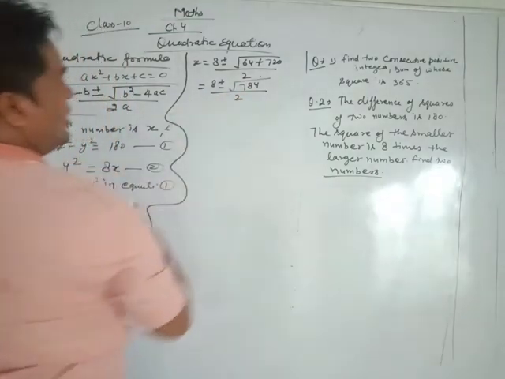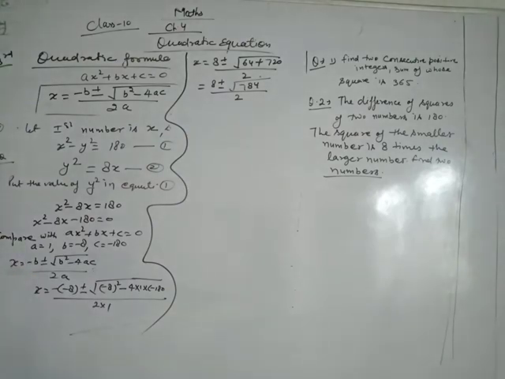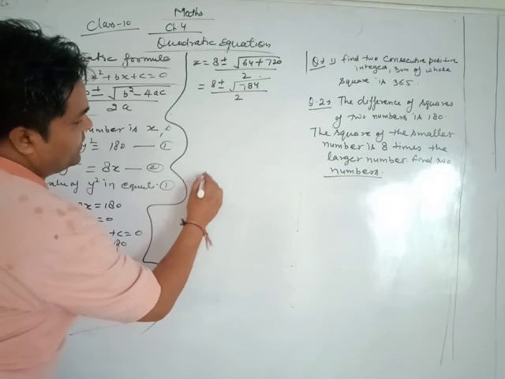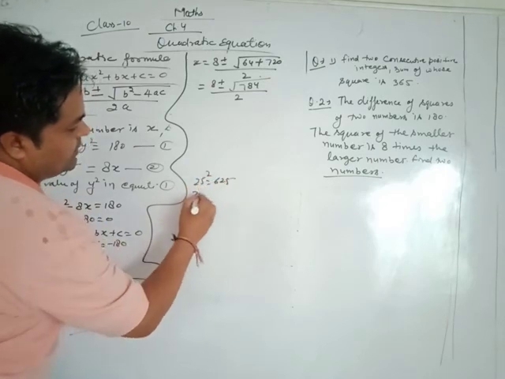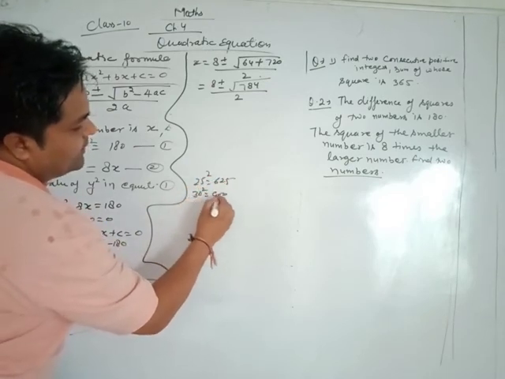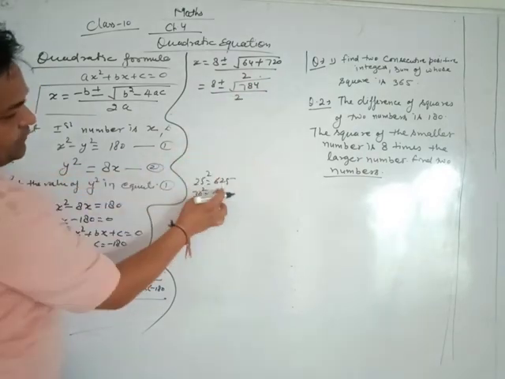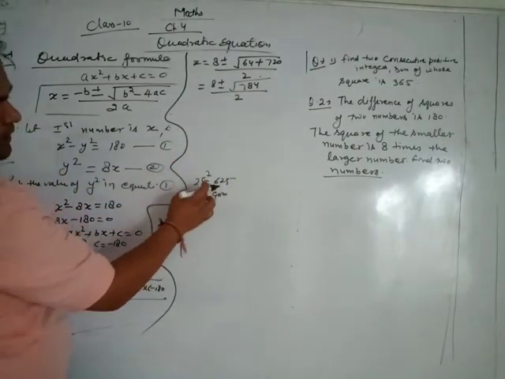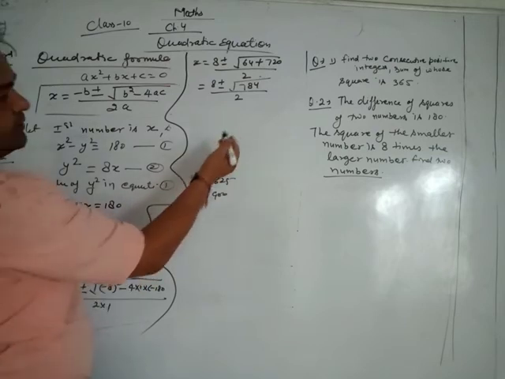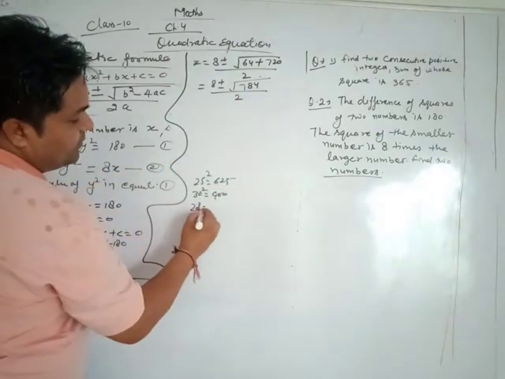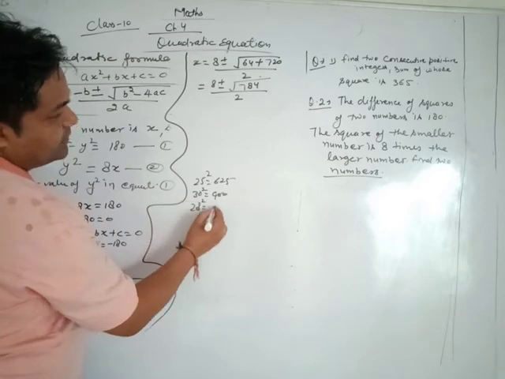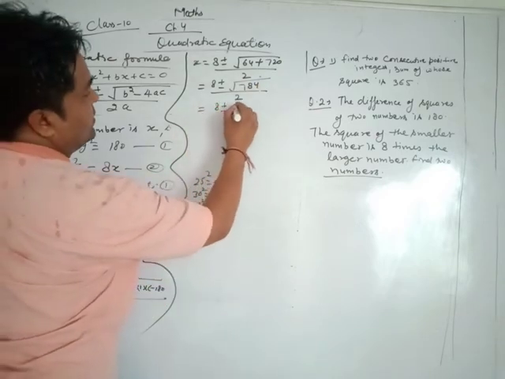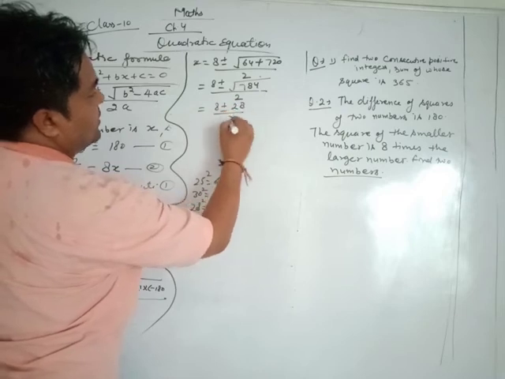So now how can we check? Simply 25 square equal to 625, 30 square equal to 900. It means 784 is between 625 and 900, so the root is between 25 and 30. So it means 28, because 28 times 28 is 784. So now 8 plus minus 28 by 2.